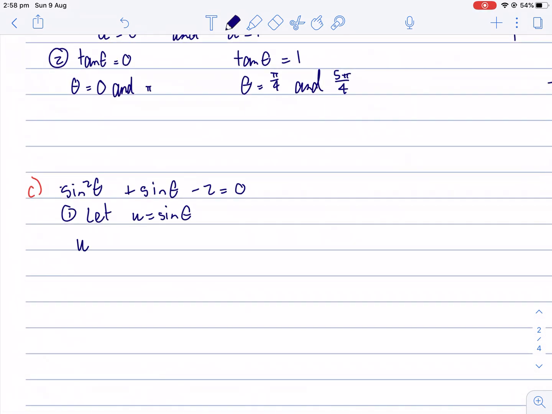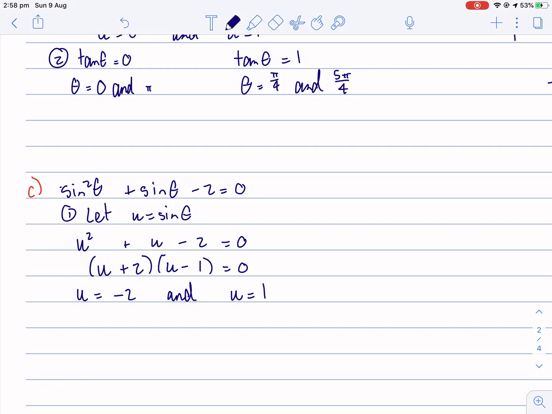So we've got u squared plus u take 2 equals 0. Factorising is going to be easier than using the quadratic formula. So you've got u plus 2, u take 1 equals 0. So don't forget, it's what multiplies to give negative 2 that adds to give positive 1. So u equals minus 2 and u equals 1.